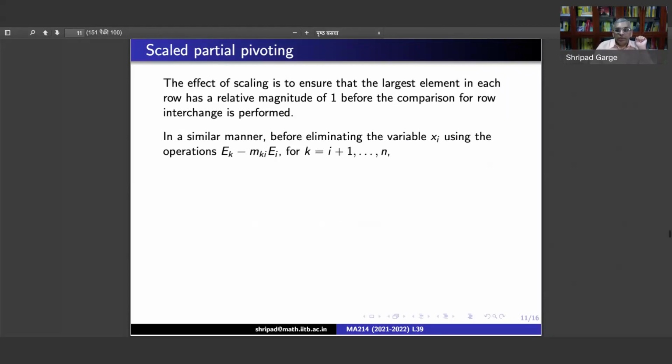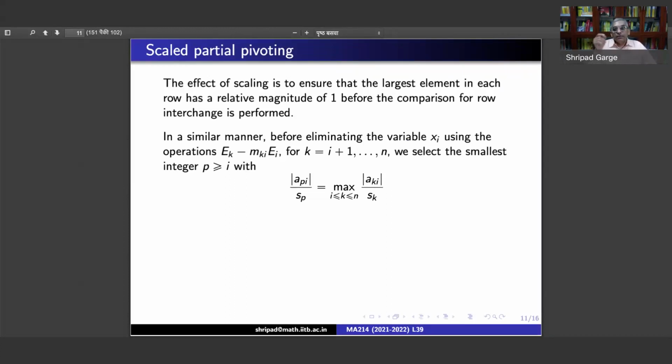So in a similar manner, before eliminating the variable xi, where you will have ek minus mki ei, we select the smallest integer p such that mod api upon sp is the maximum of mod aki upon sk. Whatever we have done for i equal to 1, this will have to be done each time.